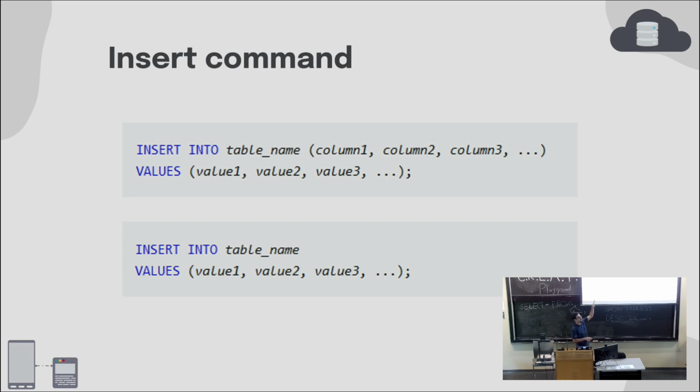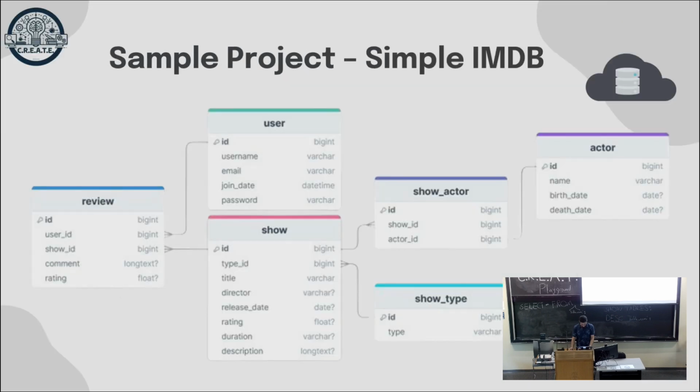So you start from everything after ID. In this case, you just input information about type ID, title, director, release date, rating, duration, description.